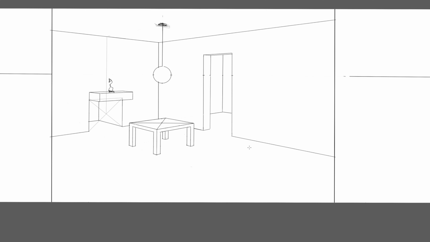What we're going to do first is draw the shape of the back of the chair as it's pushed up against the wall, okay? Remember, we're going to start with a cube. So I'm going to start with 2 verticals, like we did with the opening of the fireplace.